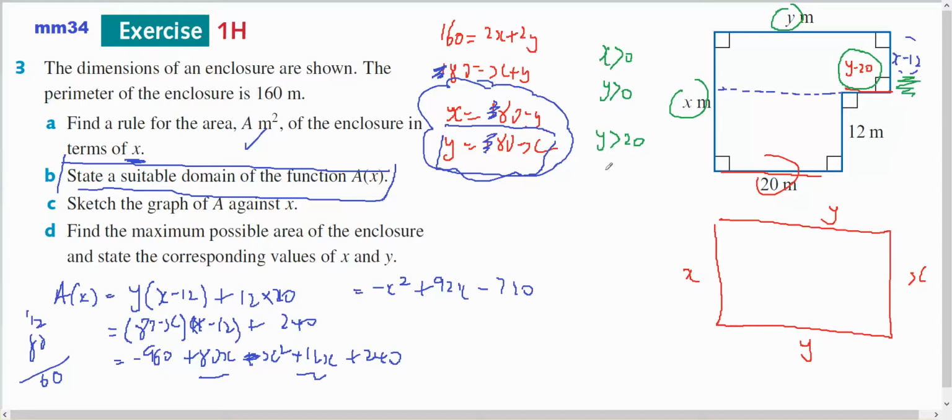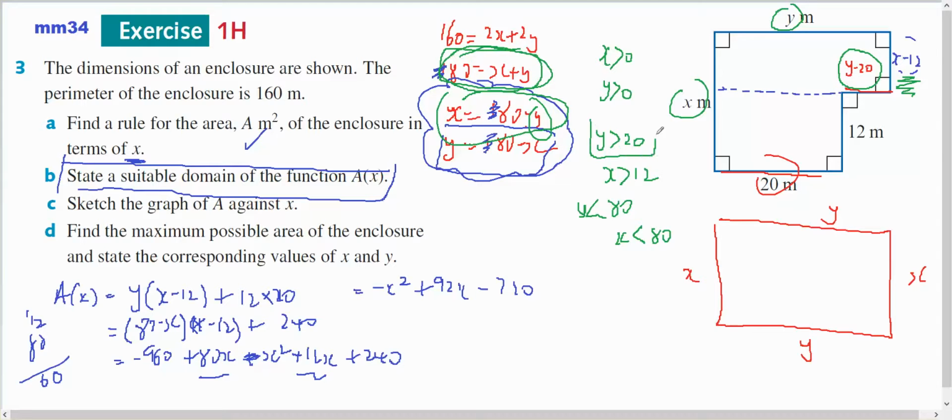And with this here, x is going to be bigger than 12, because it would make no sense if it was less than 12. This here tells me that y can't be bigger than 80, and x can't be bigger than 80. But x plus y added together equals 80.